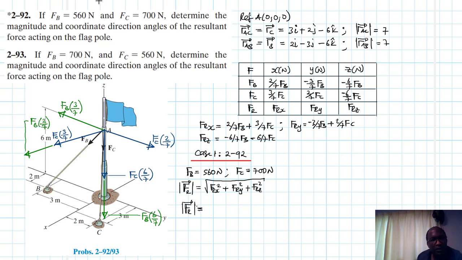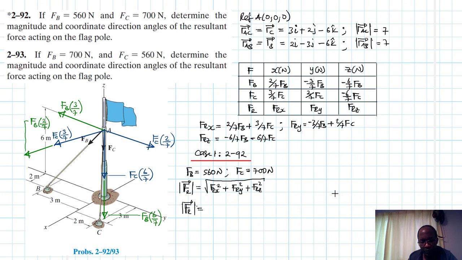So we have brackets, FRx, say 2 divided by 7 times FB, which is 560, squared, plus this one is 2 divided by 7 by 560 plus 3 divided by 7 by FC, which is 700, in the squared.